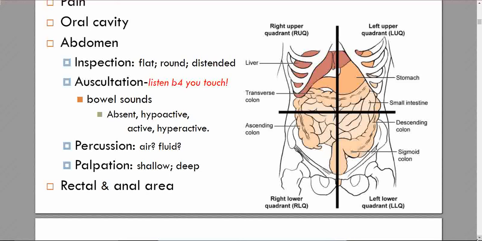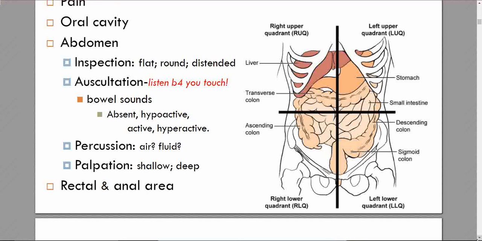Then you're going to have palpation. The palpation is shallow and deep. You first start with shallow, just on top, and you keep monitoring the face of the patient to see if there is any pain, or what we call tenderness. When there is a sign of guarding from the patient, that is, the place is very painful, there is tenderness, and therefore you should stop or consider a different method.